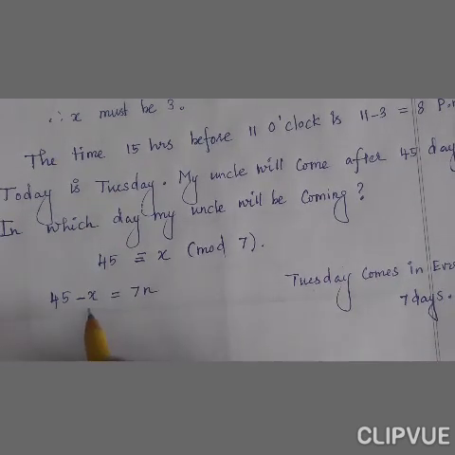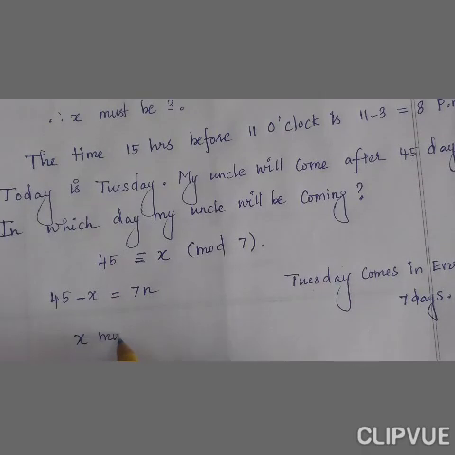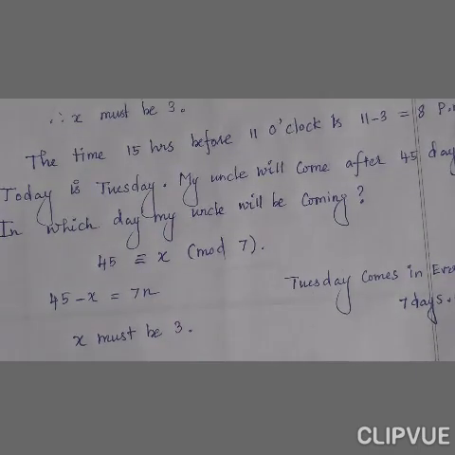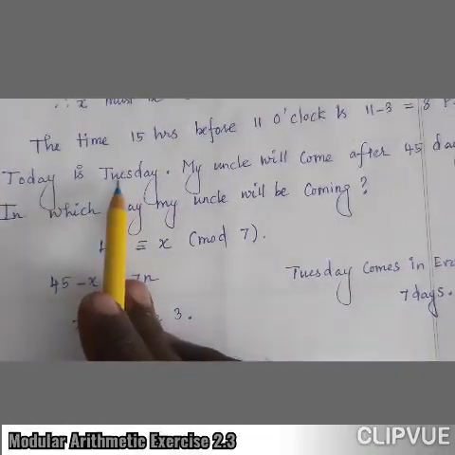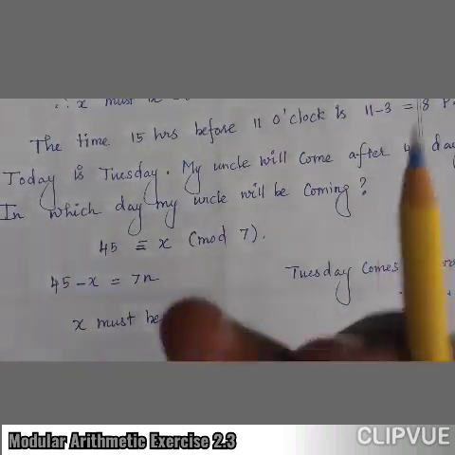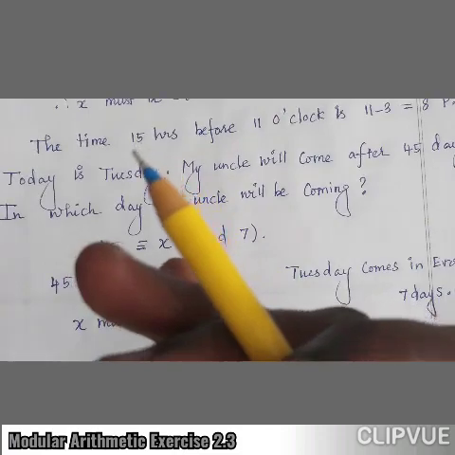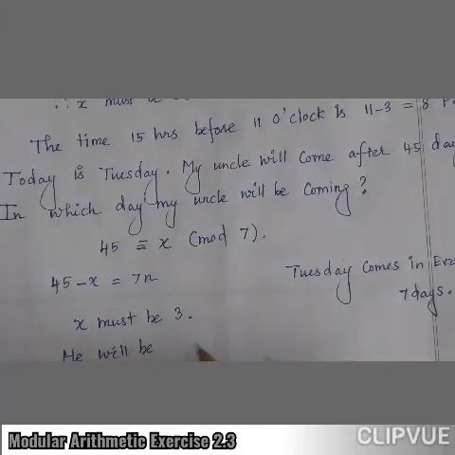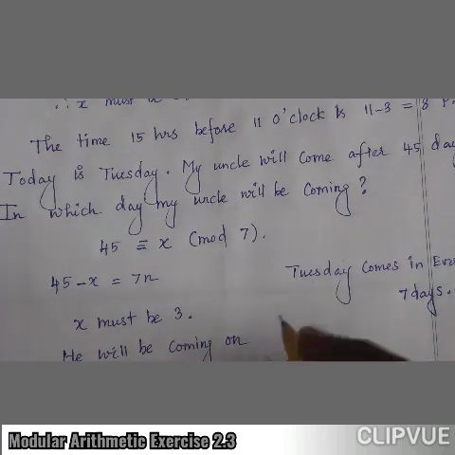So x must be 3. If you assign x is equal to 3, we get 42. That is a multiple of 7. So x must be 3. Today is Tuesday, so after 3 days means Wednesday, Thursday, Friday. So he will be coming on Friday.